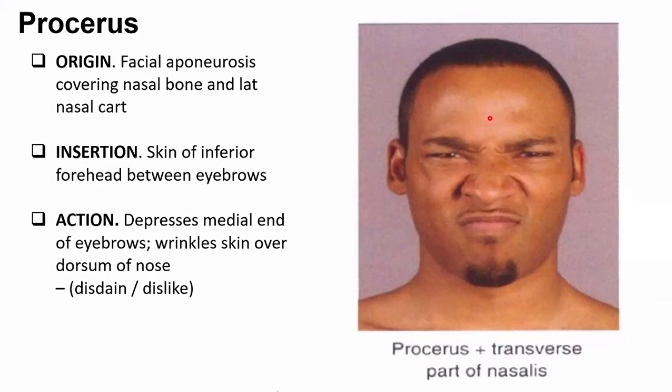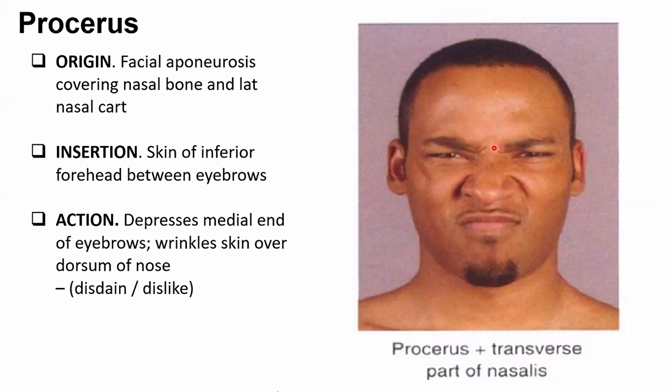Procerus. Saan ba ito galing? Procerus naman is a facial aponeurosis with a muscle covering the nasal bone dito. Dito yan galing. So it inserts to the skin inferior to the forehead, between eyebrows. So may muscle galing yan dyan, muscle dito, tapos i-insert doon sa just inferior of the forehead, between eyebrows.